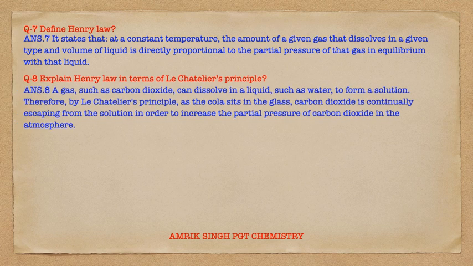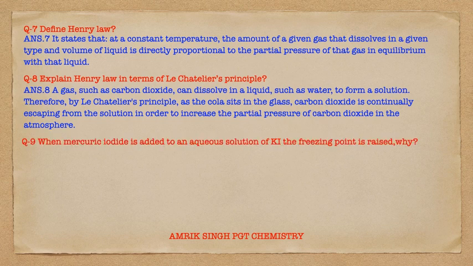Answer: a gas such as carbon dioxide can dissolve in a liquid such as water to form a solution. Therefore, by Le Chatelier's principle, as cola sits in the glass, carbon dioxide is continuously escaping from the solution in order to increase the partial pressure of carbon dioxide in the atmosphere.